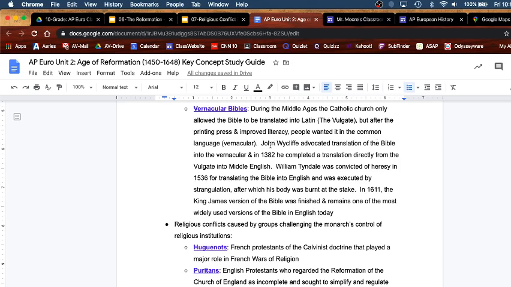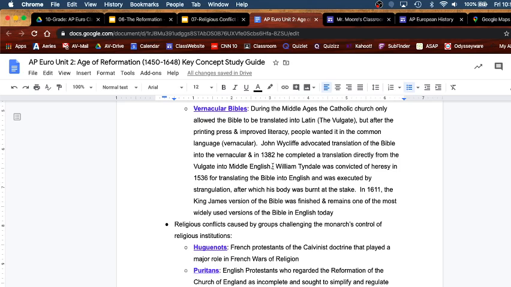There were some people like John Wycliffe, who advocated translation of the Bible into the vernacular, and in 1382 he completed a translation directly from the Vulgate into Middle English. So what John Wycliffe did is take the Latin Bible, the official Catholic Bible, and translate it from Latin into English.